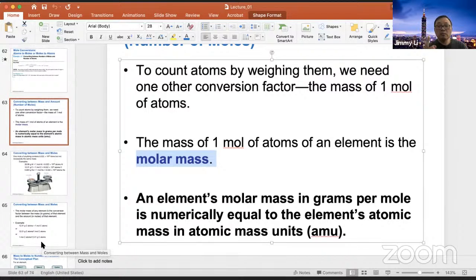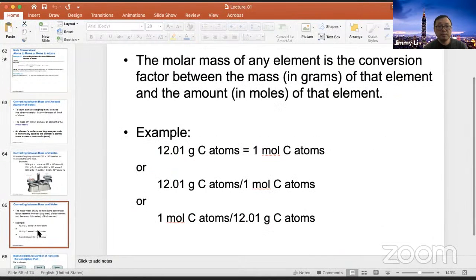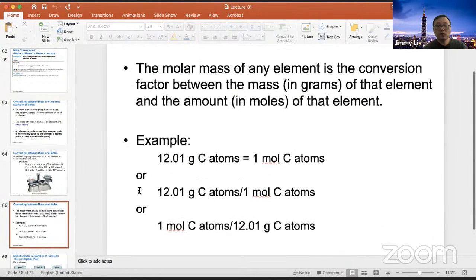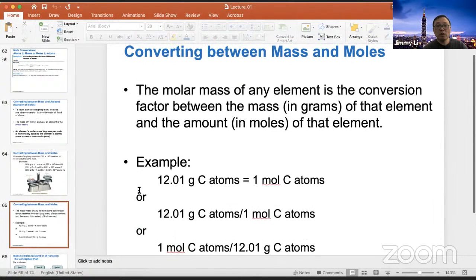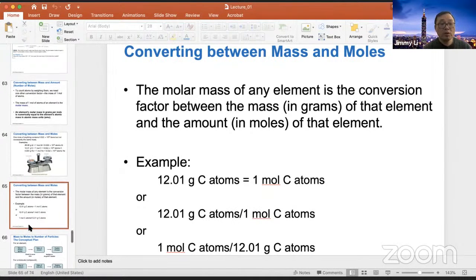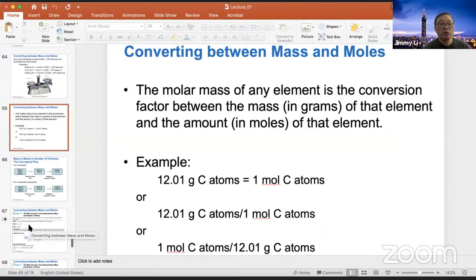One atom weighs 12.01 AMU. One mole of atoms weighs 12.01 grams. So that's what AMU and moles are about. Make sure you know how to convert from one to the other.